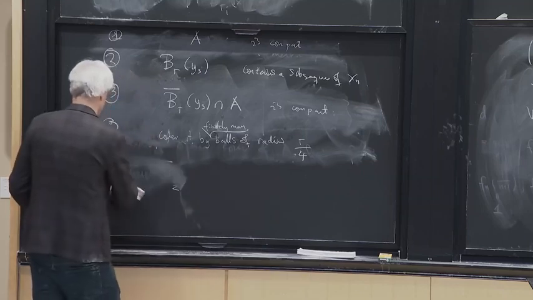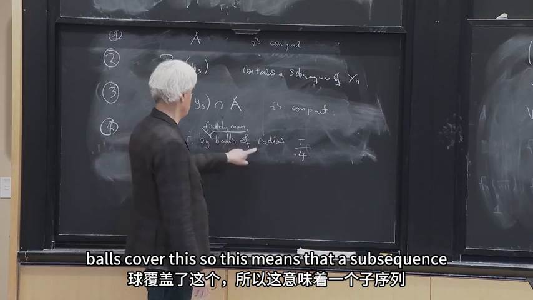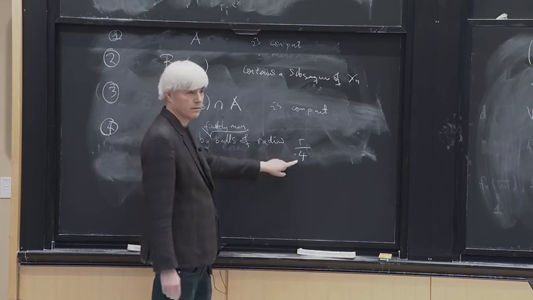So I have that it's now finitely many balls cover this, so this means that a subsequence must lie in one of these balls, right?